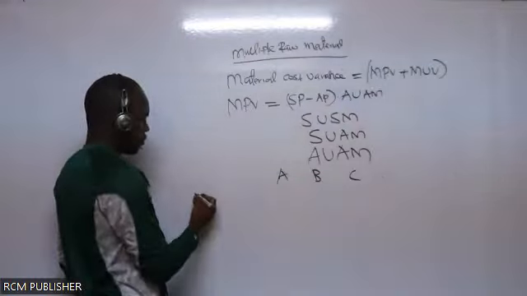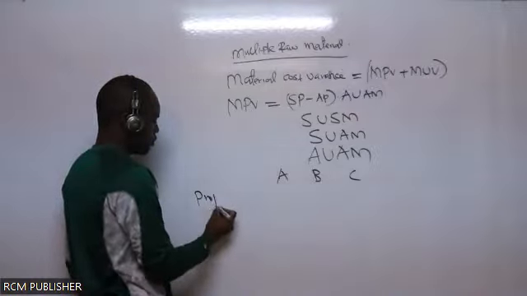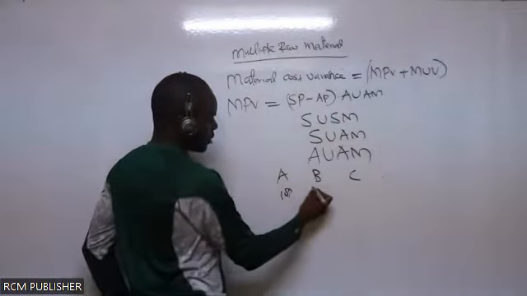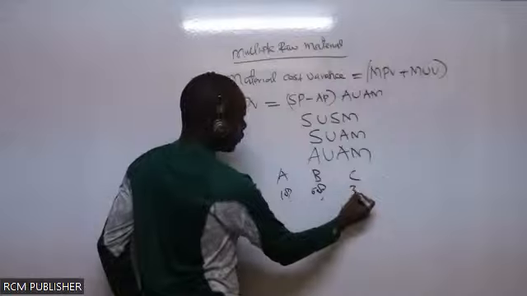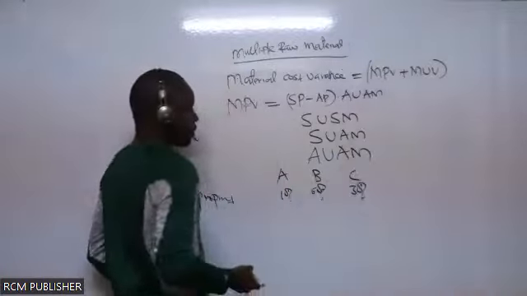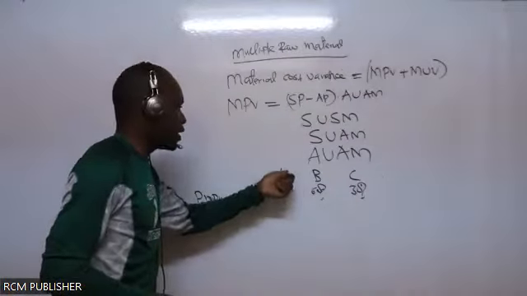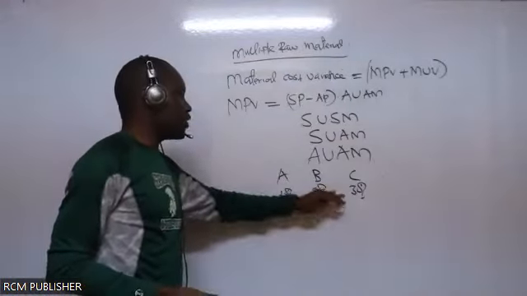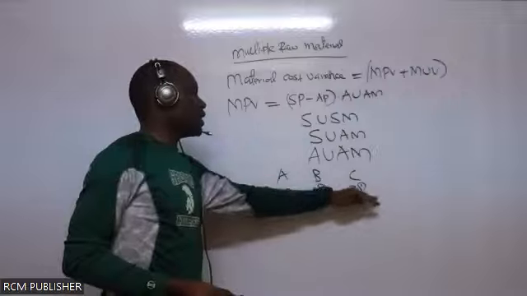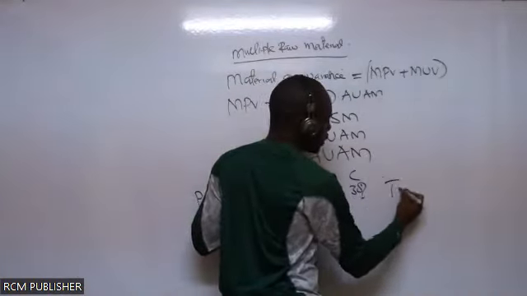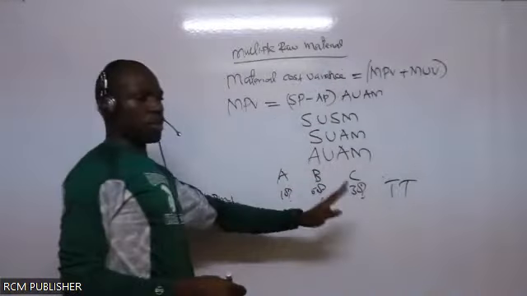So the proportion, you are going to have 10%, 60%, and of course, this will be 30%. I'm going to take 10% of raw material A, 60% of raw material B, 30% of raw material C to produce my finished product TT.